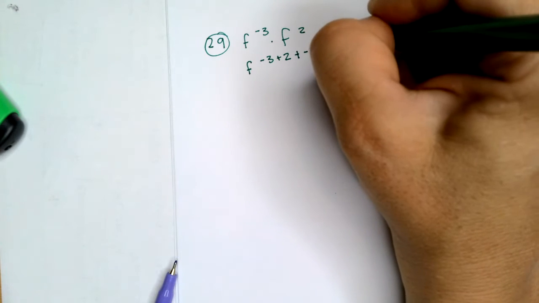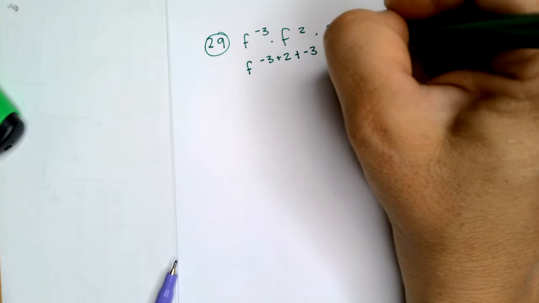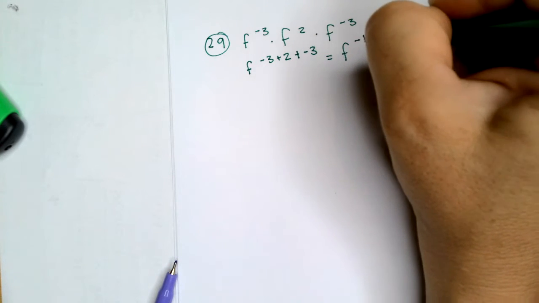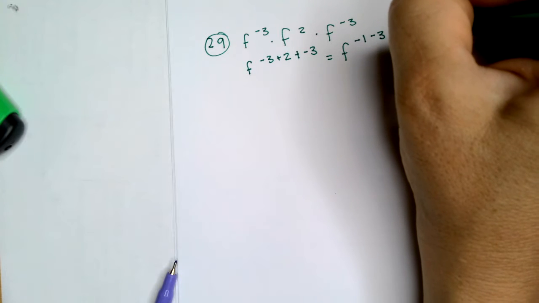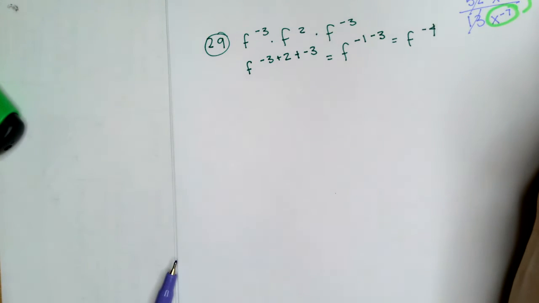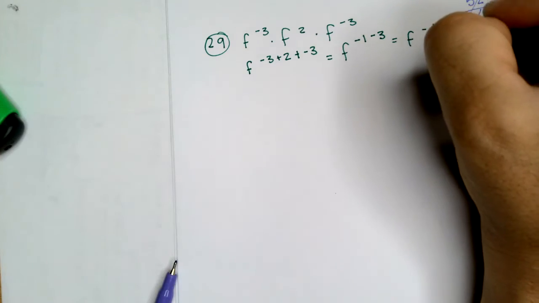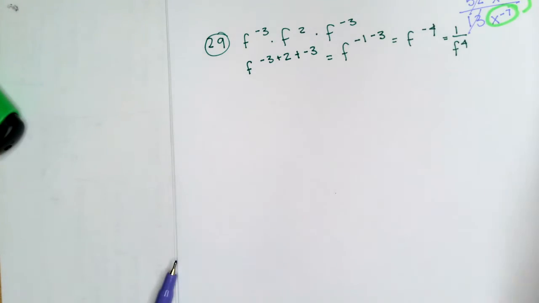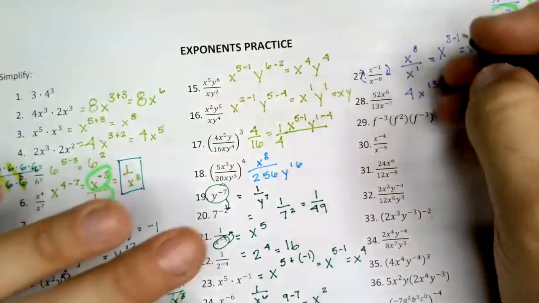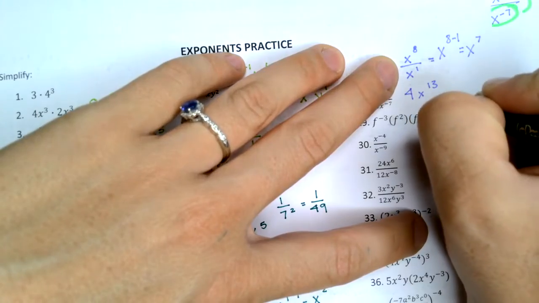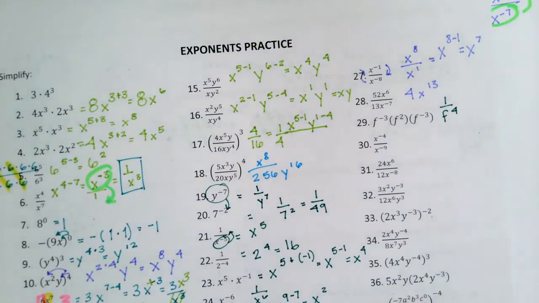Negative 3 plus 2 is a negative 1. Plus negative 3 is the same as minus 3, so f to the negative 4, right? I can't leave it as negative 4, so I say it's 1 over f to the positive 4. I move it across the fraction bar. So that is 1 over f to the positive 4.